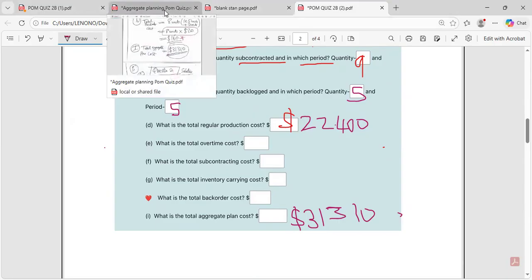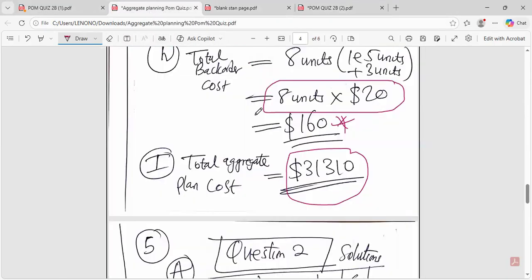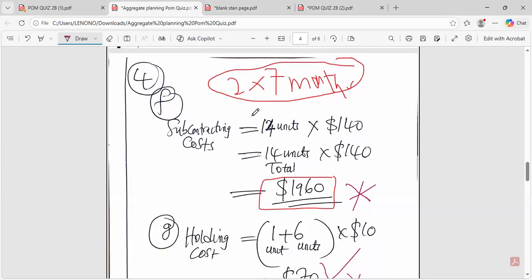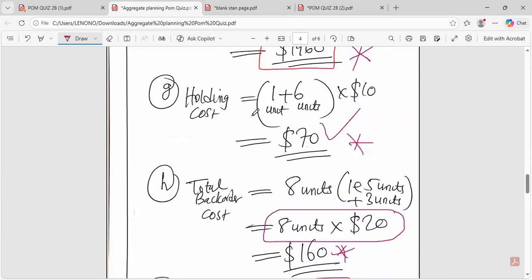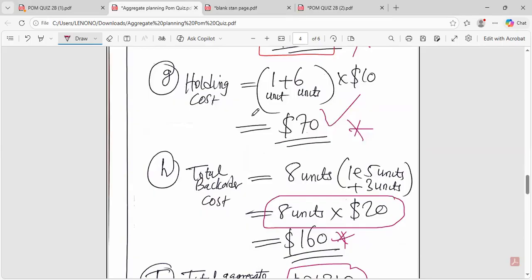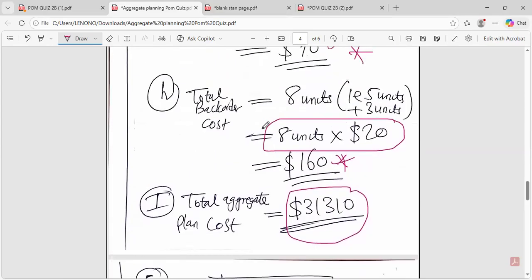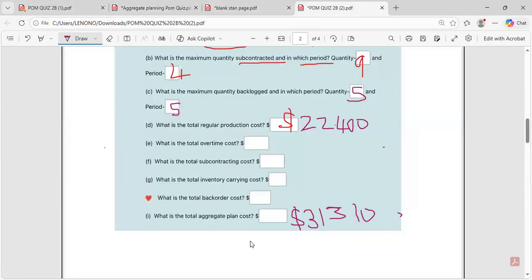Of course, you can see the overtime cost, in that case, was 6,720. Subcontracting 1,960. Holding was $70, and getting down to the back order cost was 160. So just substituting the figures here, we can get 6,720.